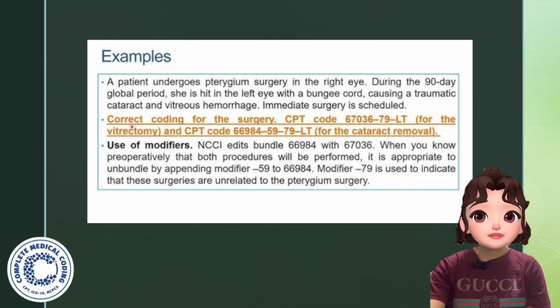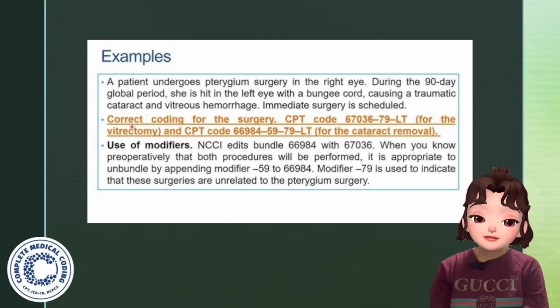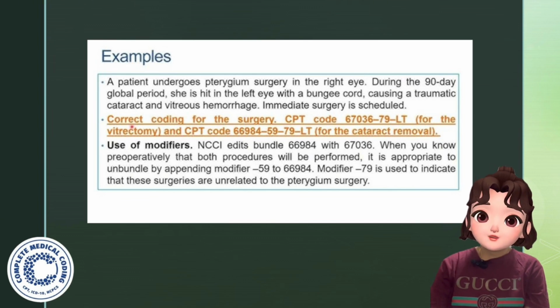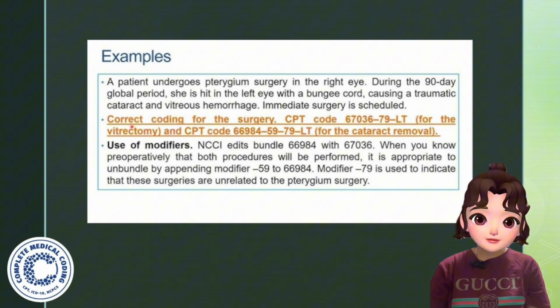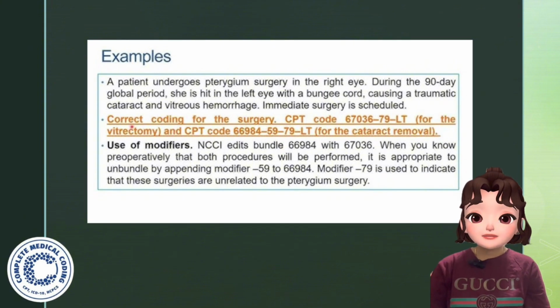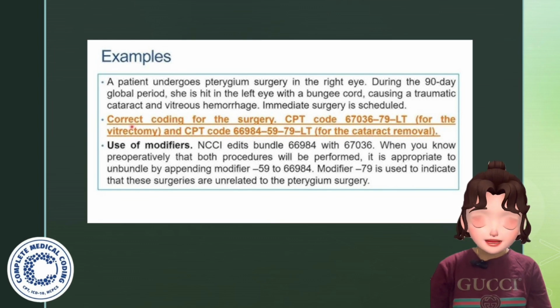Again, this is appended with modifiers 59 and 79. 79 represents that this is an unrelated procedure, not related to the initial surgery. And 59 is a distinctive procedural service as compared to the vitrectomy procedure. Again, the procedure is carried out in the left eye, so you have to mark it with modifier LT.